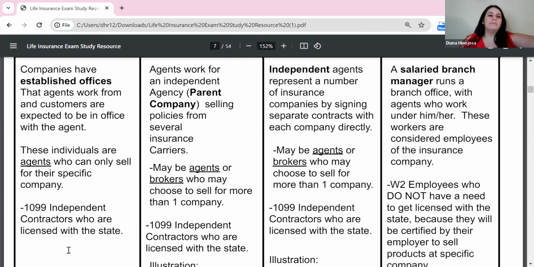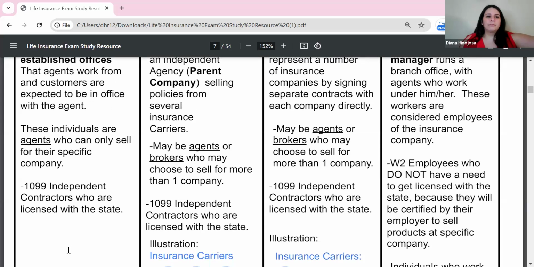Okay, so these individuals are agents who sell for their specific company. Again, you are an agent. You sell for one company, that's it. No other companies can you sell for. You are also a 1099 independent contractor. So with the traditional companies and this setup, you're still an independent contractor, which means you are commission based, even though the company will set hours for you, will expect you to be in the office from 8 to 5 or whatever schedule, and you will have a manager type structure.